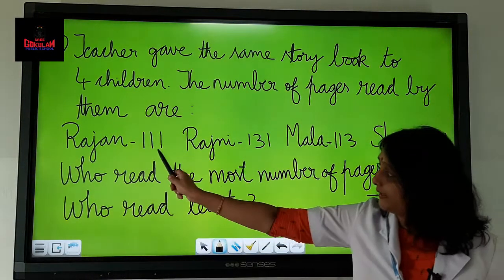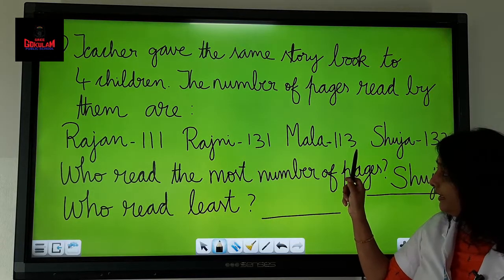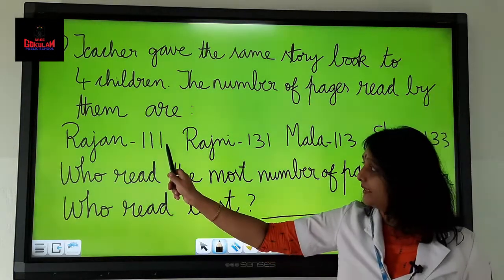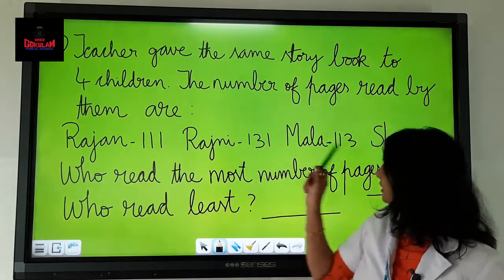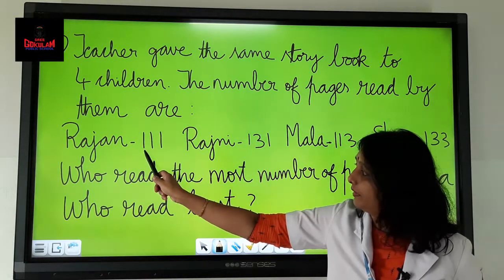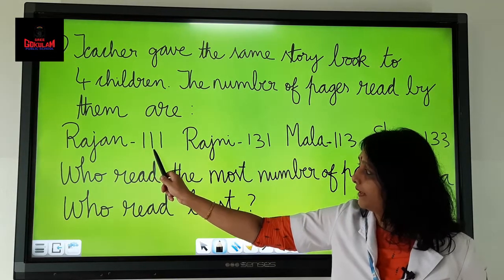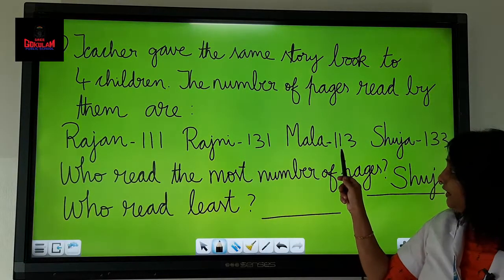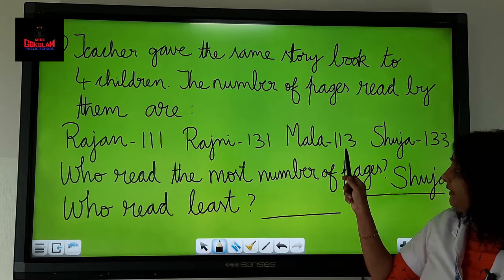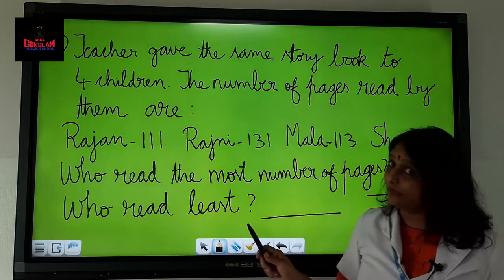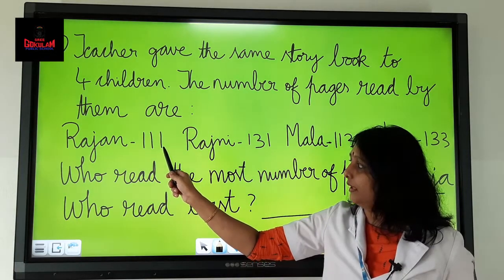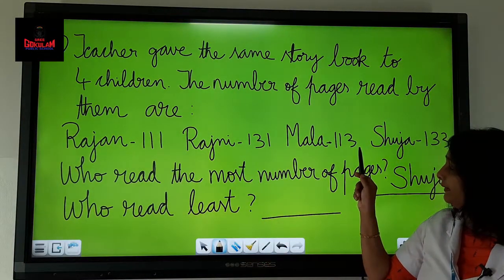Comparing 111 and 113. Look at the hundreds place and tens place numbers in both. Both are having 1 in hundreds place, 1 in tens place. Here also 1 in hundreds place, 1 in tens place. So, look at the ones place now. Here you have 1, here you have 3.